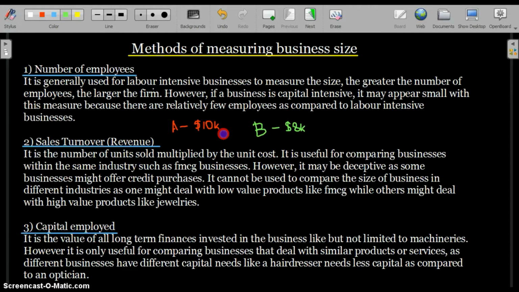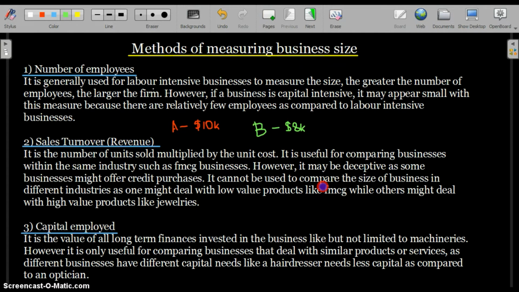But business A has only sold 3 to 4 jewelry items, so for that they have a very poor performance. In that case you can say that business B should be bigger than business A. But when we are using this method, we are deceived into thinking that business A is bigger than business B, because we're only looking at the revenue. So that's why this method can be deceptive.